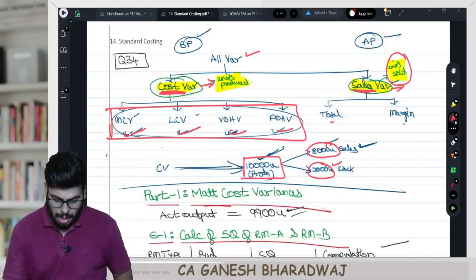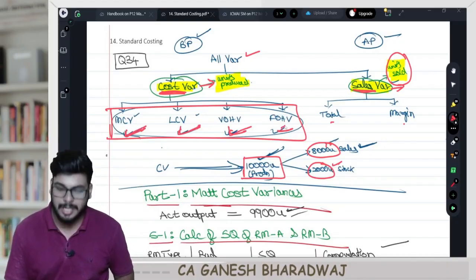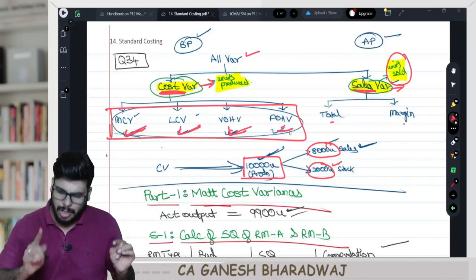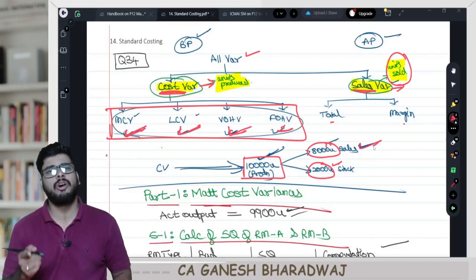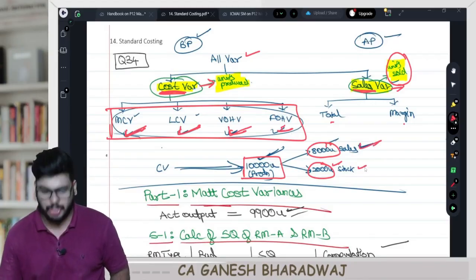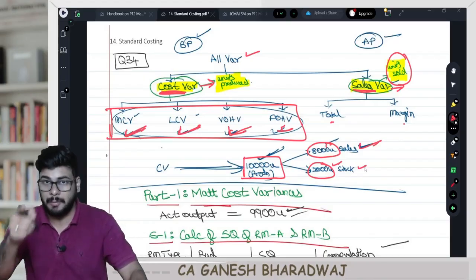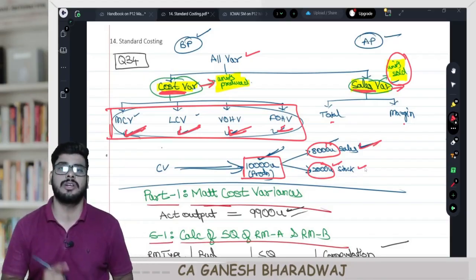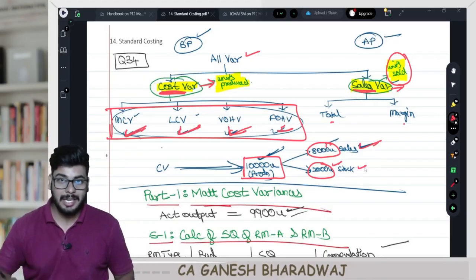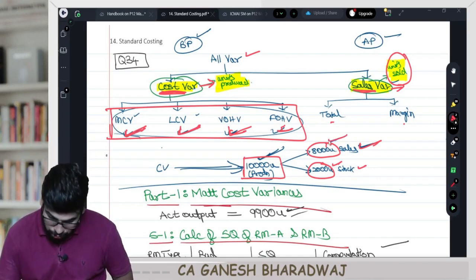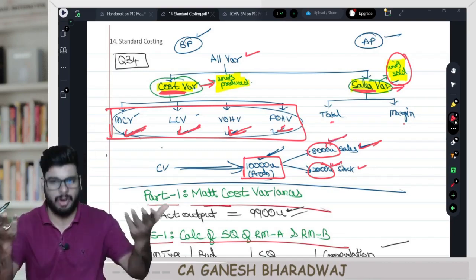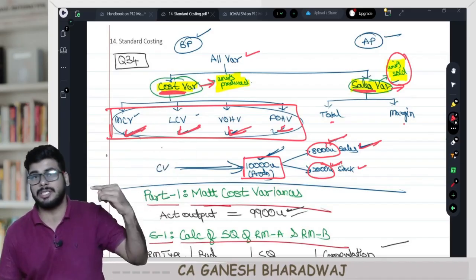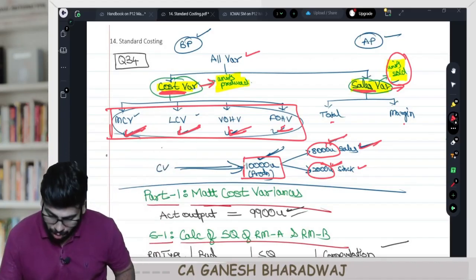Now you tell me, all the costs that I incur, are they incurred only with respect to the units sold, or are they incurred even with respect to the 2,000 units which I have produced, but have deliberately kept as stock? So I incur these costs with respect to both the units sold and the units unsold. Or in other words, all the costs are incurred for the production.